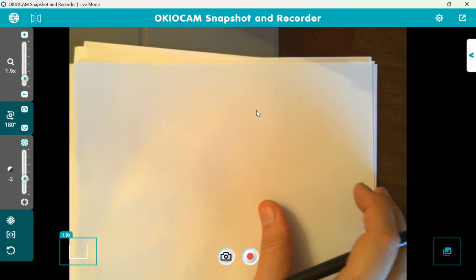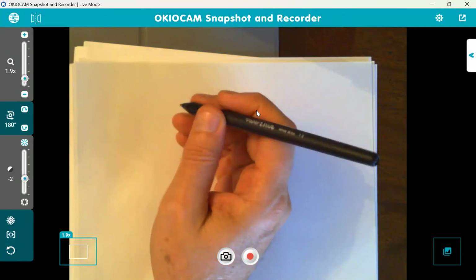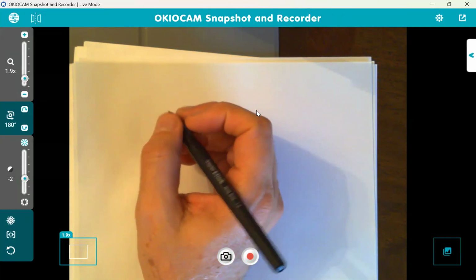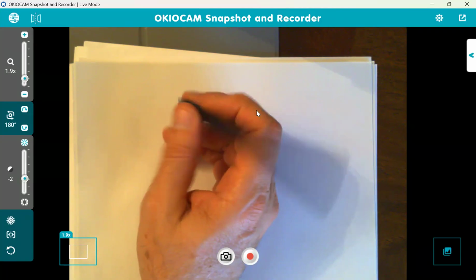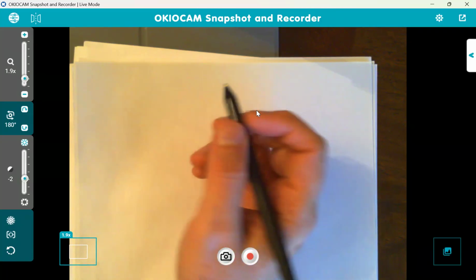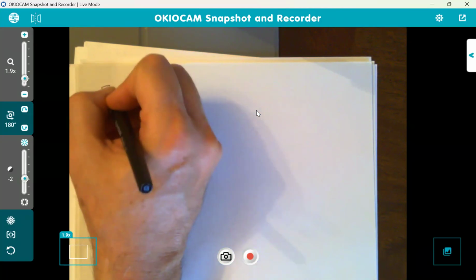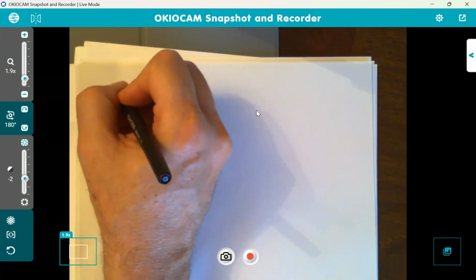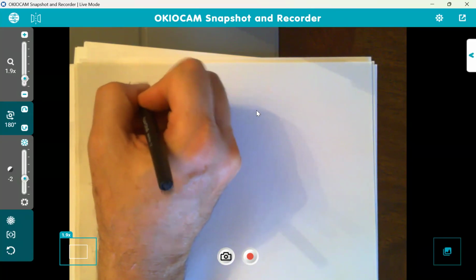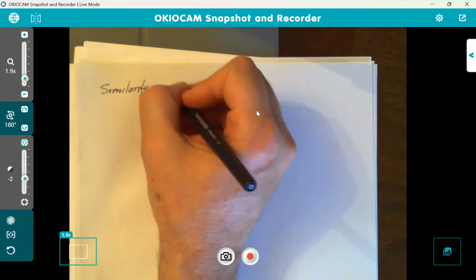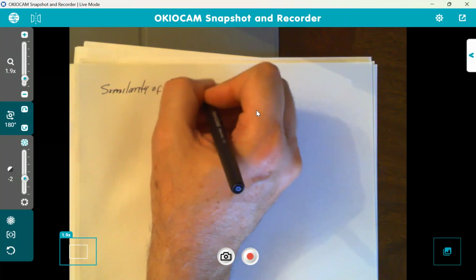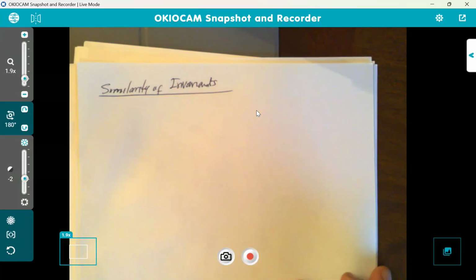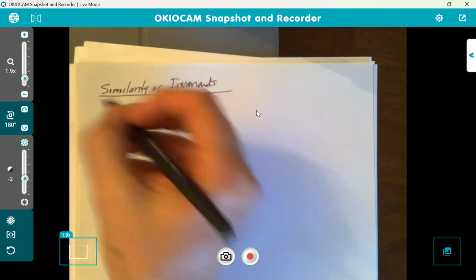Okay, so what I want to tell you about is the similarity. It's called similarity invariance. Okay, and here's what I mean. Let me just actually write that. The similarity invariance. Okay, and this is what I mean by it.